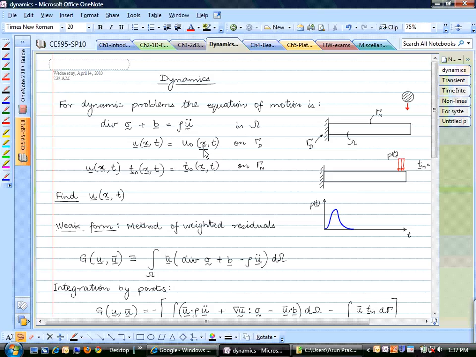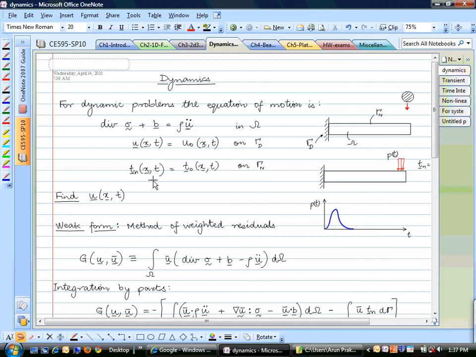For example, if you have an earthquake, you're supplying some ground motion to the boundary. So what you could do is approximate this function with whatever ground motion was measured for earthquake problems.